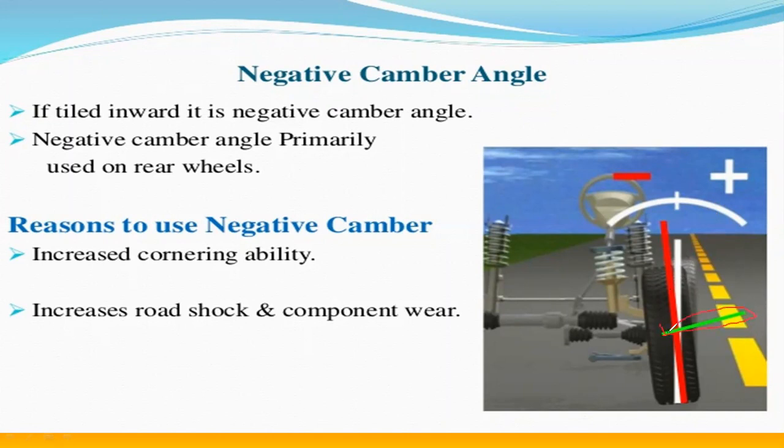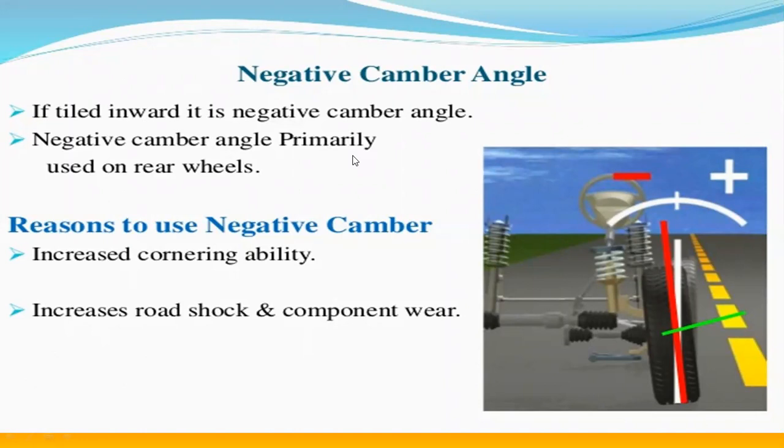This green color indicates the tire, with the negative sign on the left and the positive sign on the right. The tire is inclined toward the negative portion of the axle. If tilted inwards, it is negative camber angle.